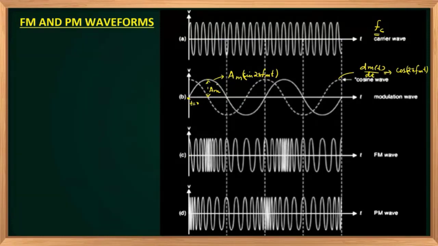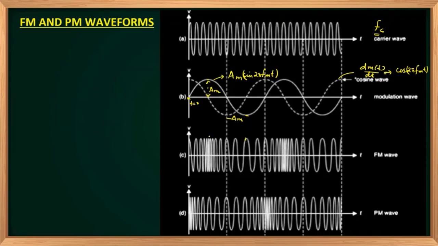Then as the modulating signal decreases, what happens to the frequency of the FM wave? As the amplitude of the modulating wave decreases, the frequency of the FM modulated wave decreases. And you can see the lowest frequency at the lowest value of the modulating signal, at this point, where the modulating signal amplitude is minus Am and the corresponding frequency is the lowest value.